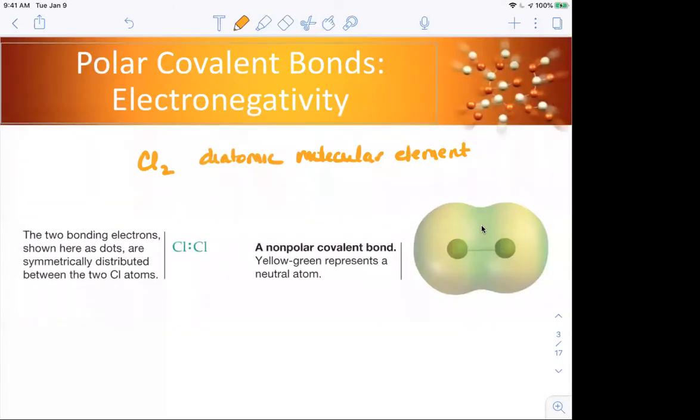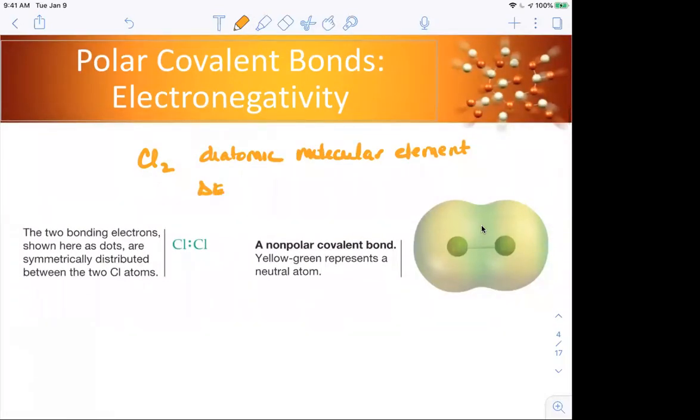They're going to be completely symmetrically distributed between the two chlorine atoms. Those bonding electrons are going to be equally distributed because the difference in electronegativity is equal to 0. This is also referred to as a pure covalent bond.